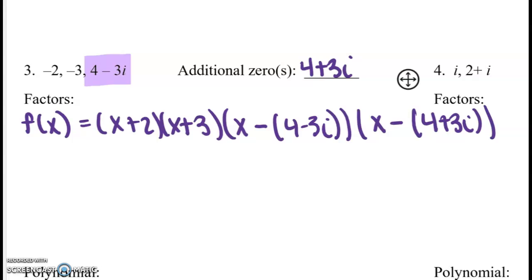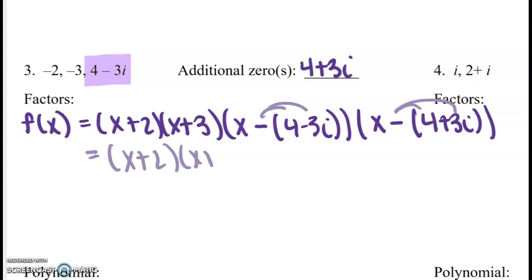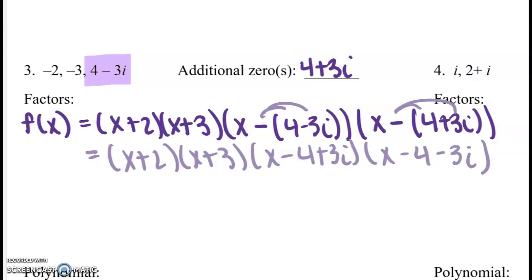Now again, I can't leave those solutions as imaginary factors. So this gets a little tricky. We have to do a lot of distribution. First, I'm going to distribute this negative sign so I can get rid of those parentheses, and that'll make our lives a little bit easier. So I've got x minus 4 plus 3i, and I've got x minus 4 minus 3i.